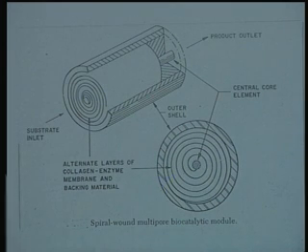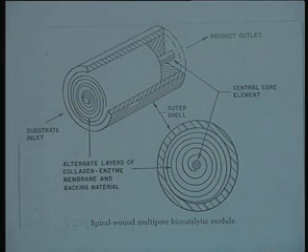This spiral bound module is then inserted into a column, whereby the substrate is fed from one of the ends and the reactor can be operated in a packed bed mode. But of course, again here the spiral bound module really operates somewhere closer to plug flow behavior and not exactly as a plug flow reactor.